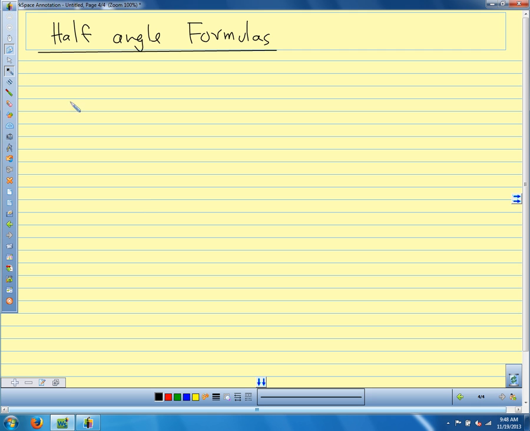We know that cosine 2u equals 1 minus 2 sine squared u. Now can we agree that this angle is half of this angle? u is half of 2u. That make sense? It's half as big.